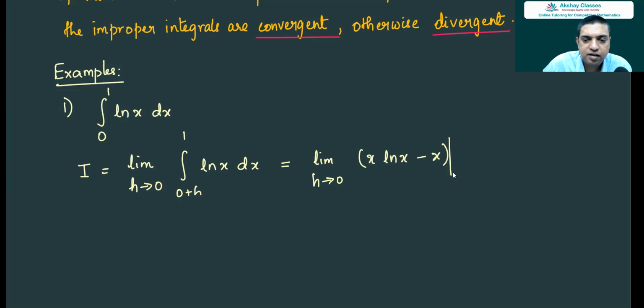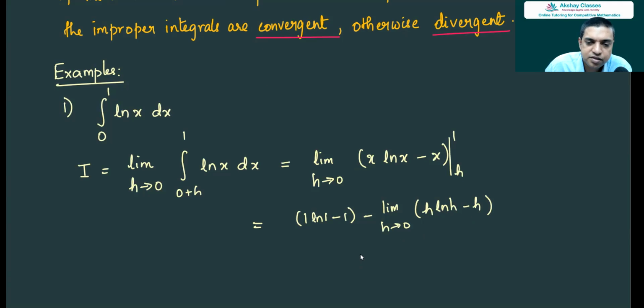Applying the limits h to 1, we substitute 1 to get 1 times log 1 minus 1, minus the limit as h tends to 0 of h log h minus h.